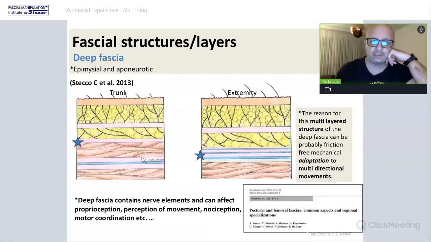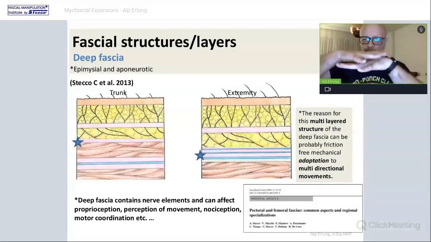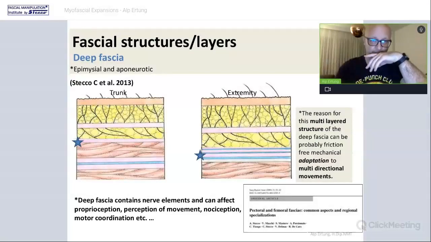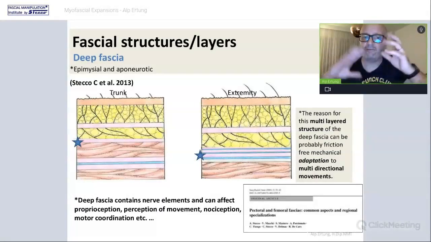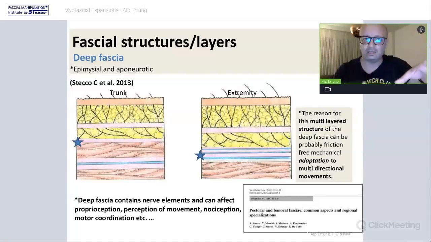This is an example of it: this is the deep fascia and this is the muscle, and it's adhered to the muscle underneath. And in the extremity, we have two or three layers of aponeurotic fascia. So there are some differences everywhere. These are some basic differences that I want to underline.